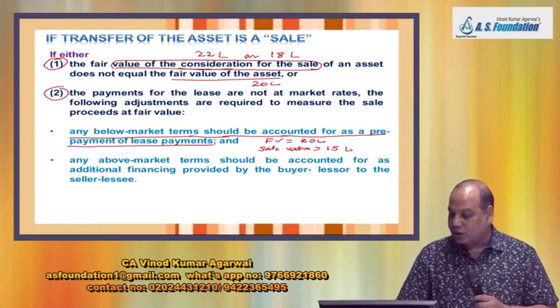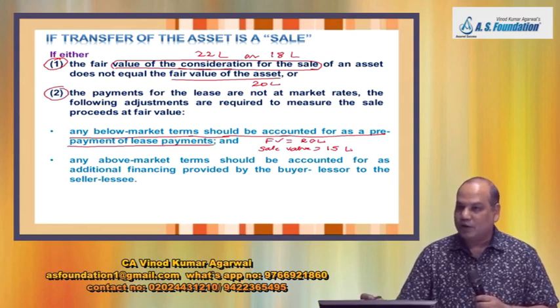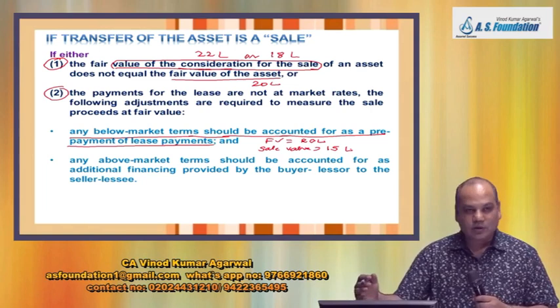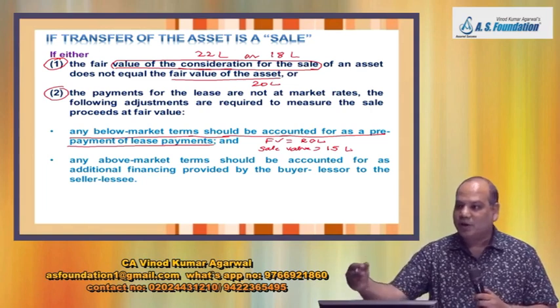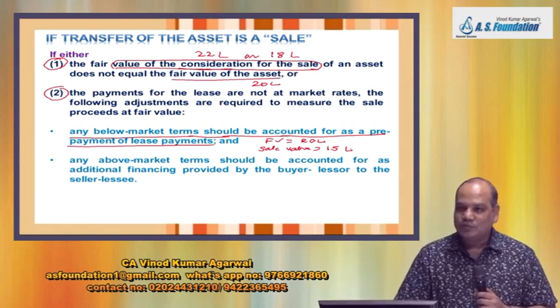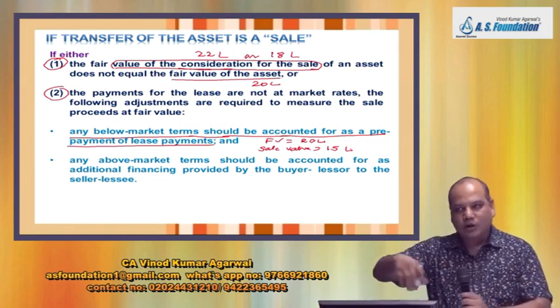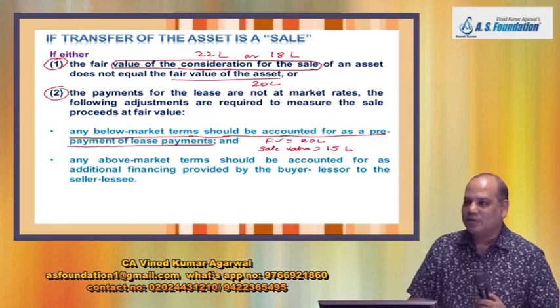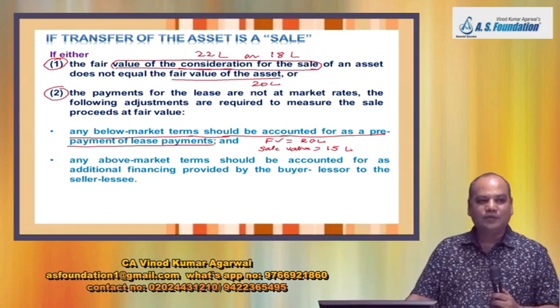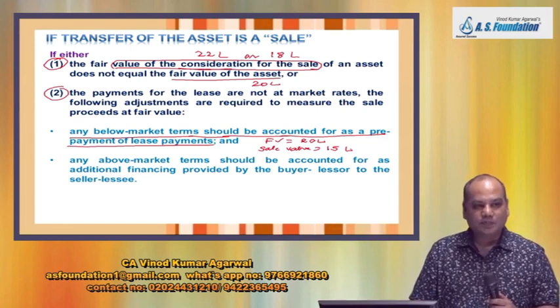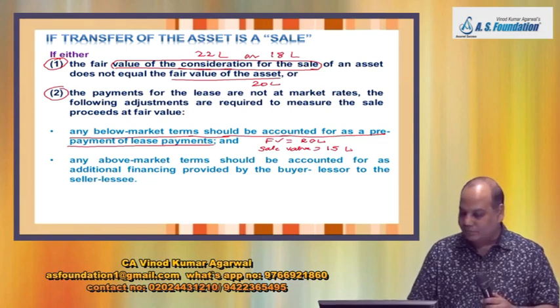So you treat as if this 5 lakh rupees is nothing but lease payment made in advance only. I give you a discount of 5 lakh. You give me a discount of 5 lakh in the lease rental. So that is treated as if this 5 lakh is a prepaid lease rental.